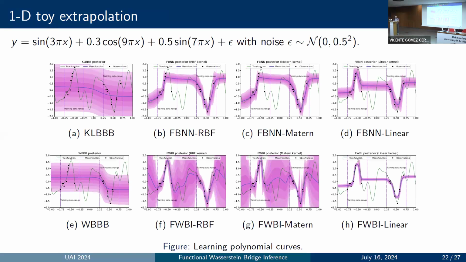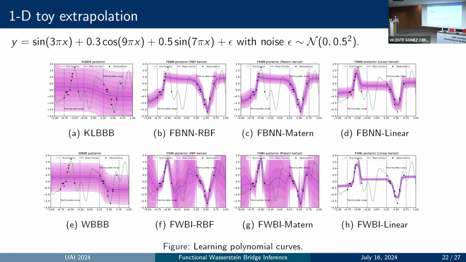We compared with the benchmark parameter space variational inference method BBB, denoted by this KLBBB, and its 2-Wasserstein distance version denoted by this WBBB. And we also compared with the function space variational inference method FBNN, and we use the same GP prior for all functional methods with 3 different kernel functions.